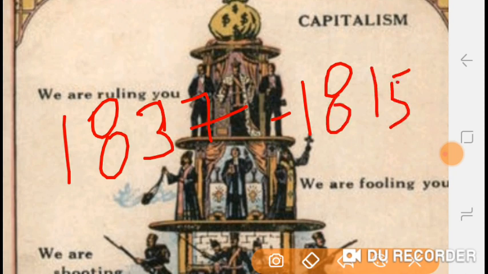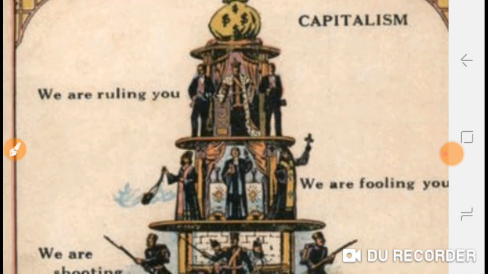So what happened? A search for raw materials for the factories and a suitable market for the sale of finished goods also started. We should remember this. As a result, a second phase of exploitation of India started in the form of industrial capitalism.